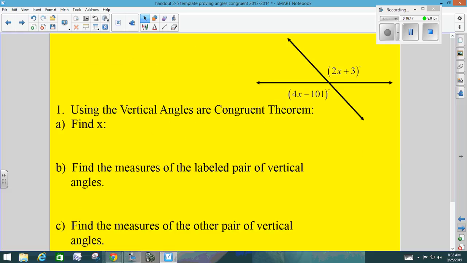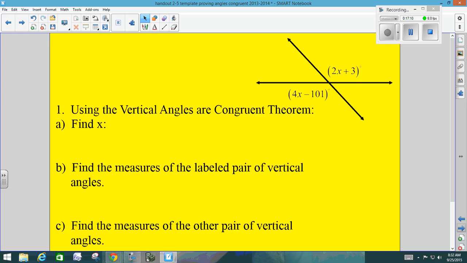Okay, so let's use them. Example 1. Using the vertical angles are congruent theorem, we have like 3 or 4 parts here. Part A, find the value of x, which means we have to set up an equation. So look at the two angles with an x in them. How would you classify those two angles on number 1 with an x in them?